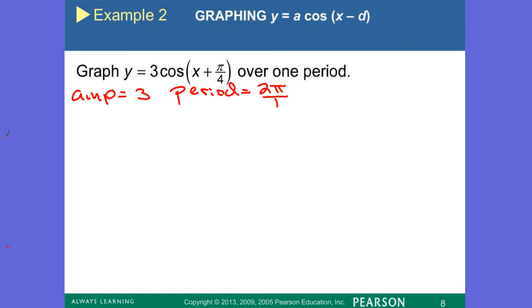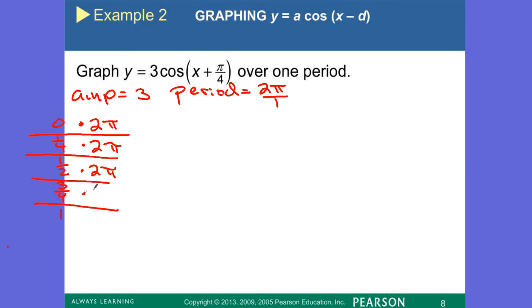Parts: 0, quarter, half, 3/4, 1. So there's my parts. Now I have to multiply this by 2 pi. Right? Now what do I do? The phase shift. Minus pi over 4.